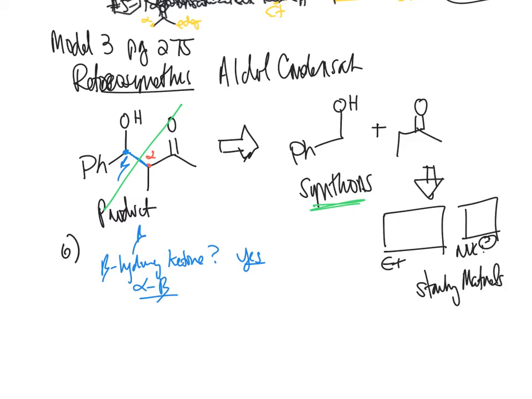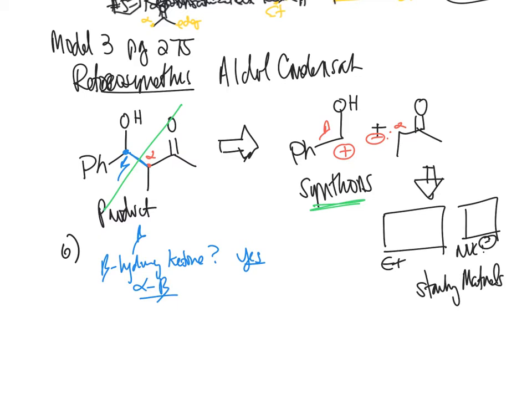Complete these synthons by adding a positive charge to the fragment that acts as the electrophile and a negative charge to the fragment that acts as the nucleophile. Okay, so this is your beta, and this is your alpha. The beta was your electrophile, and your alpha was the nucleophile. Okay, right? So you just do that.